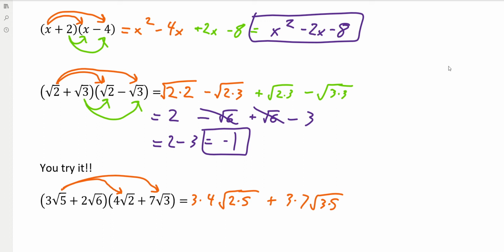Okay, the next part is in green, so plus 2 times 4 root 2 times 6, plus 4, again skipping ahead, 2 times 7, 3 times 6.